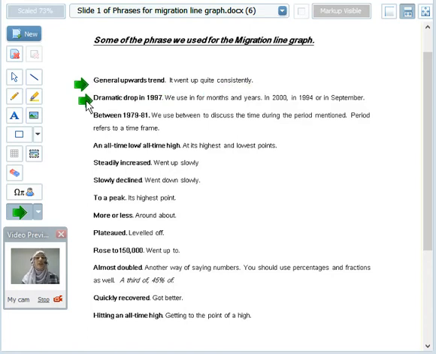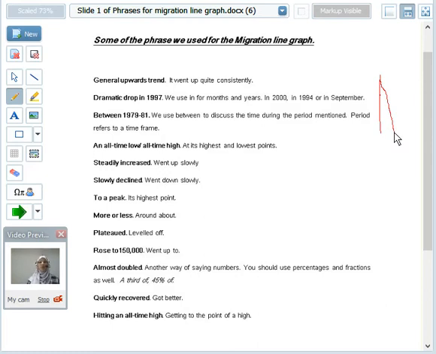Then I talk about a dramatic drop in 1997. A dramatic drop or a rapid rise usually indicates that the line is almost vertical. So if we take this as our vertical line, a dramatic drop would be something like this.